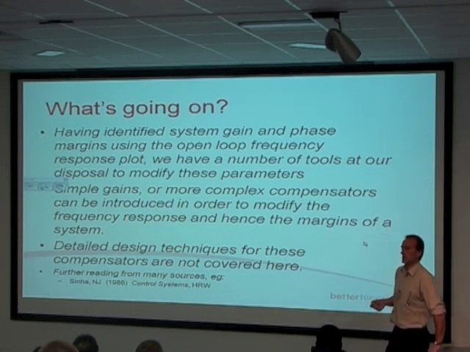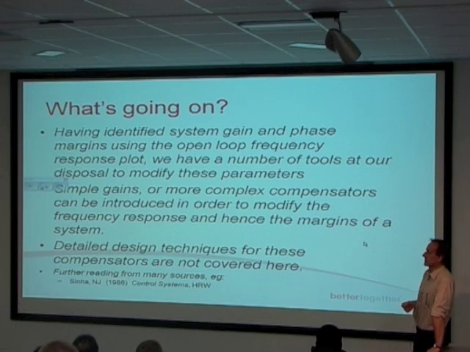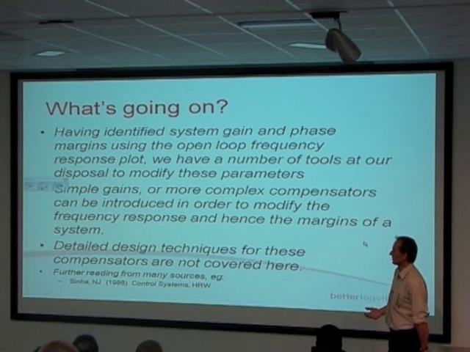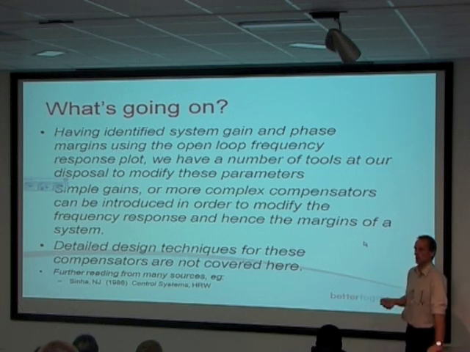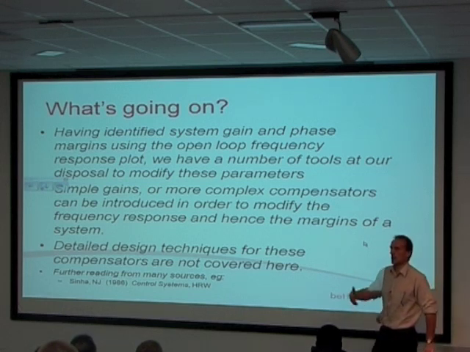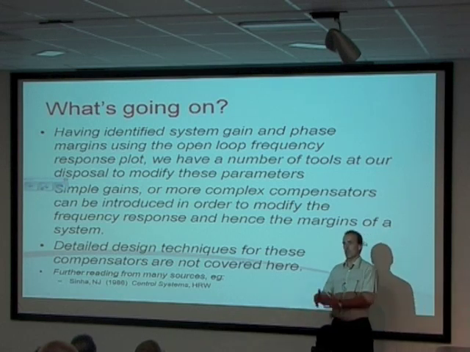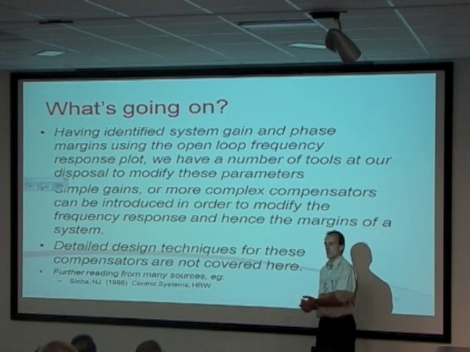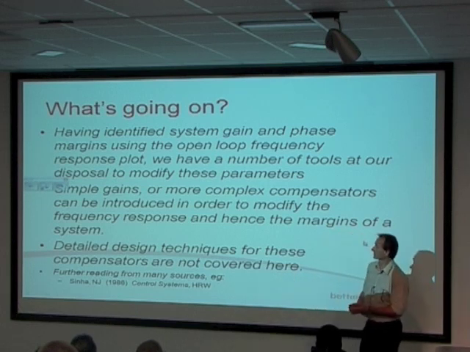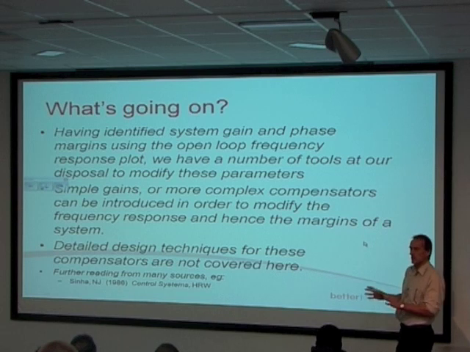We can use that to modify the gain and phase margins. As a very broad statement, typically if you increase the gain, you'll reduce the margins. So typically you increase the gain, your systems become more oscillatory. Depending on the system, if you increase it enough, you can push that system into instability. So there are some things you can do with gain, but it's limited, really.